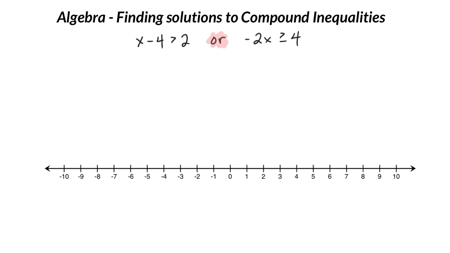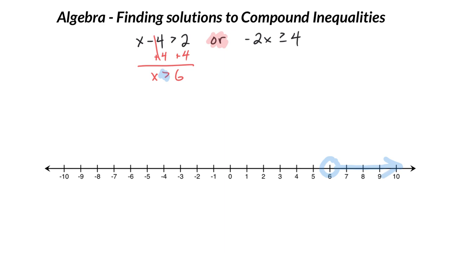Let me add 4 to both sides for this. So I have x is greater than 6. If we were to graph that, greater than means we are going to put an open circle at 6, and it's going to be all of this up here.